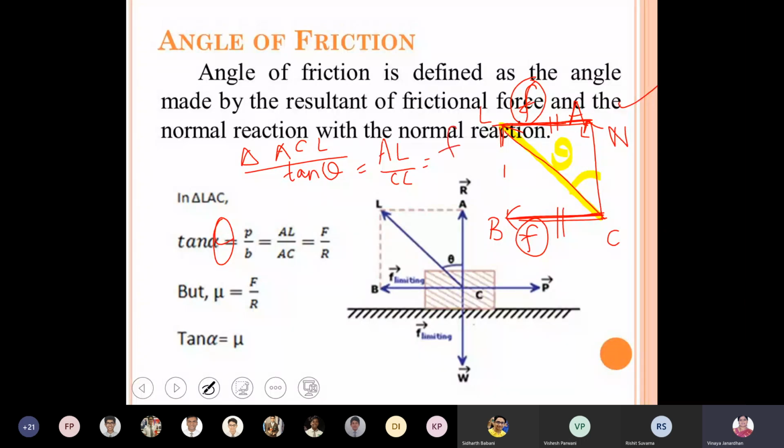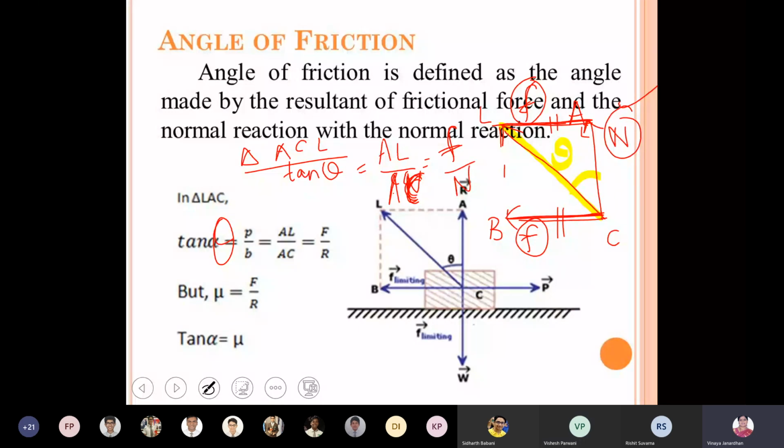Tan theta is opposite side by adjacent side. Opposite side is F. What about adjacent side? Adjacent side has the value N, the normal reaction.